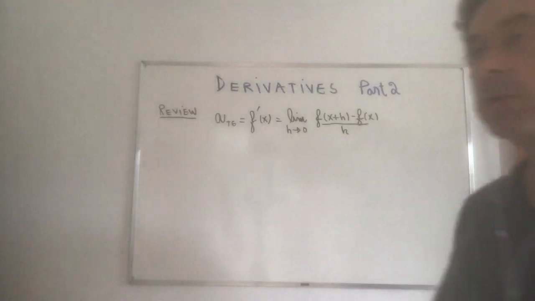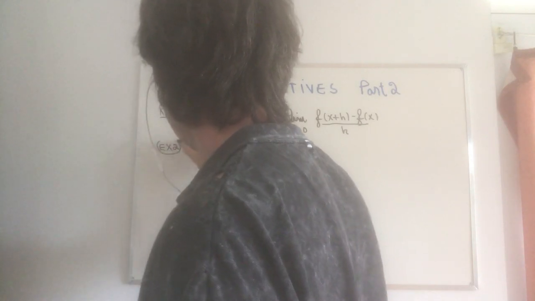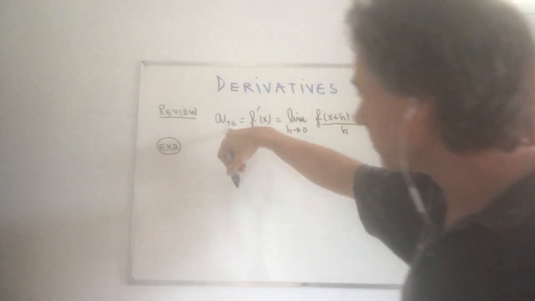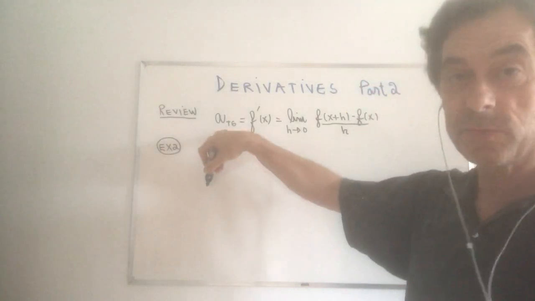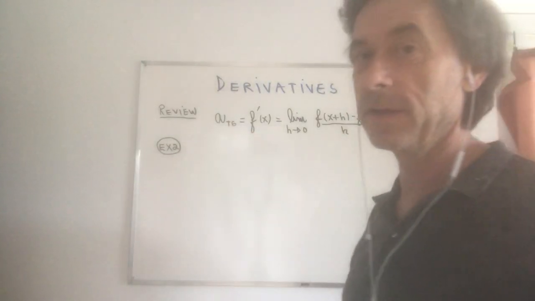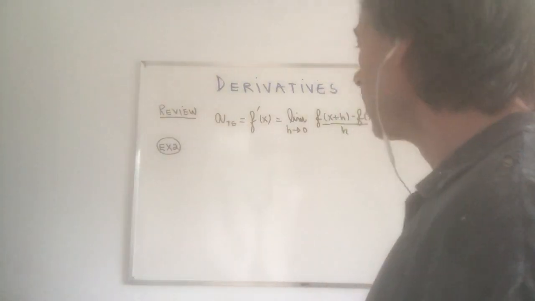So why don't we do another example on how this formula can be used to calculate precisely that object we call the derivative, which means really the slope of the tangent line of a graph at a point.